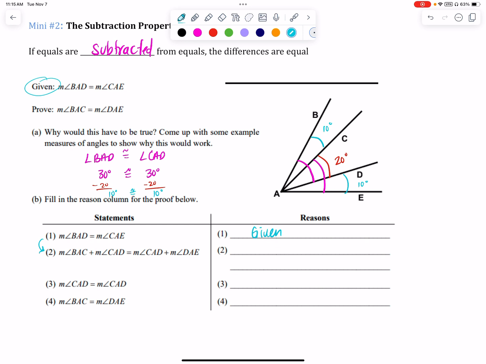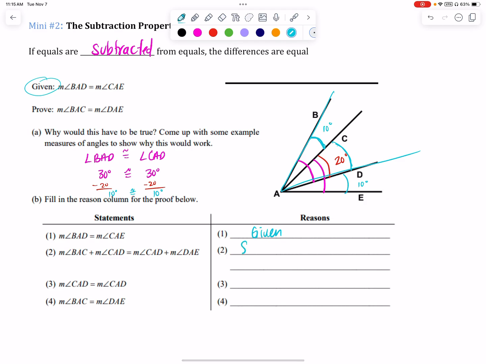I see that BAD is the whole, and from line 1 we got BAD, and we have BAC, this blue angle, and CAD, this middle angle.